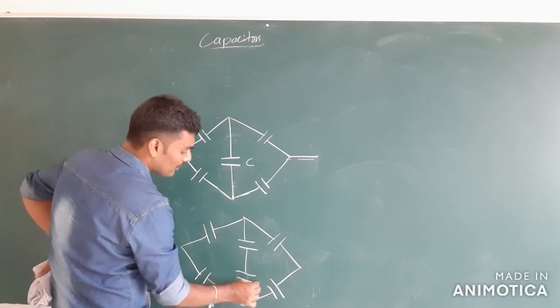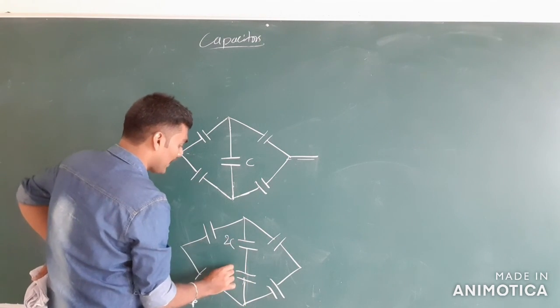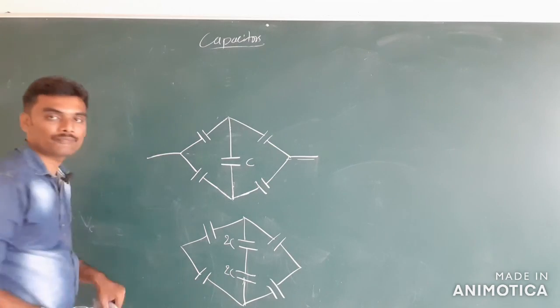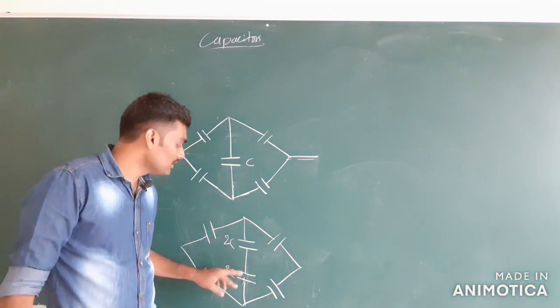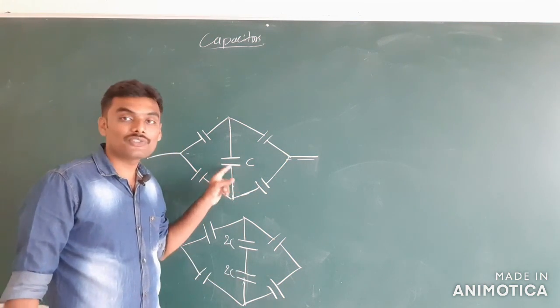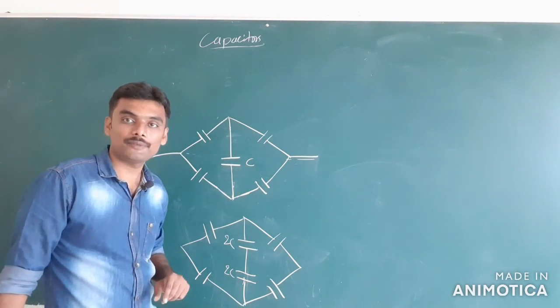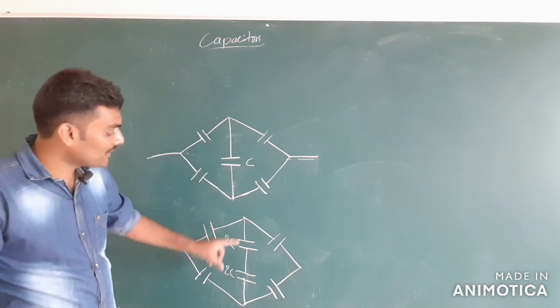Two capacitors of capacitance 2C and 2C in series will give me the effective capacitance of C itself. Keep that in mind. So I can split the capacitor like this.